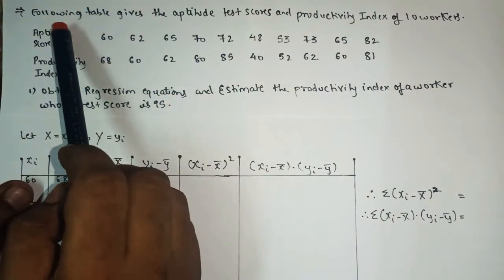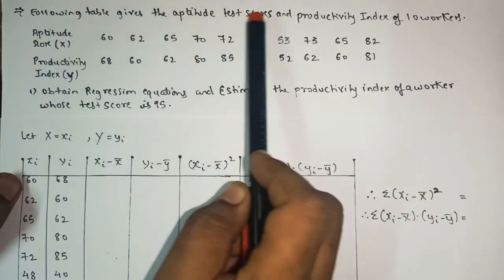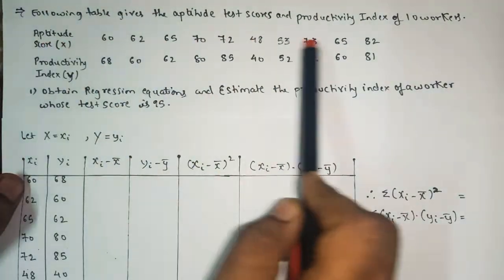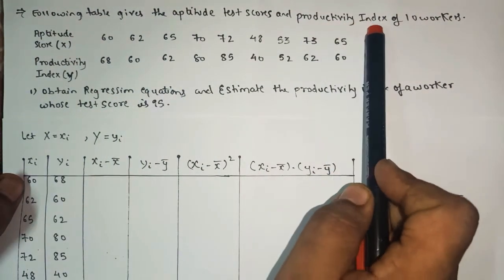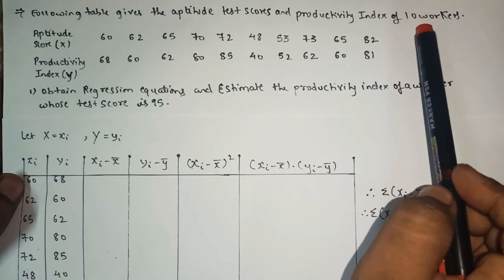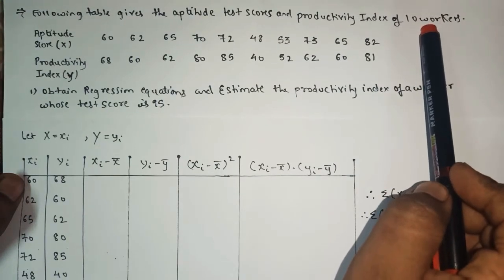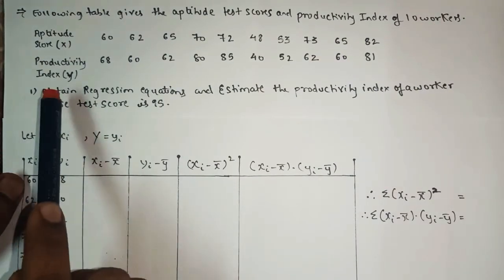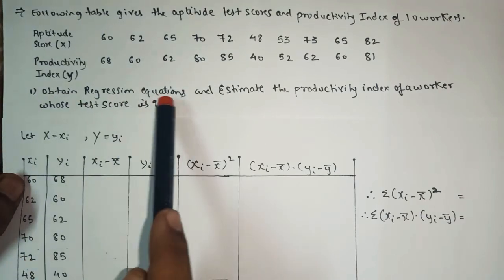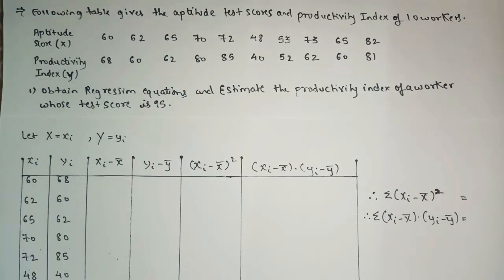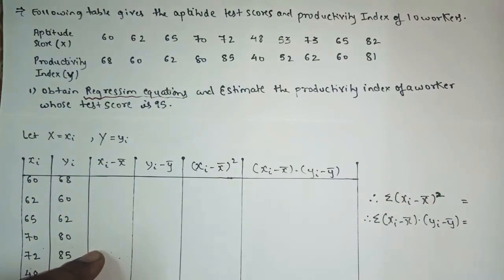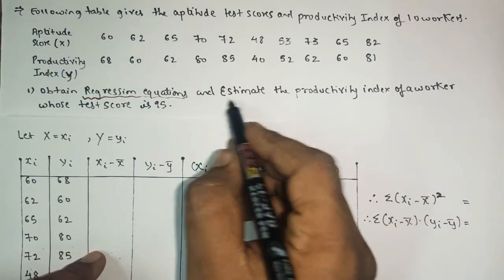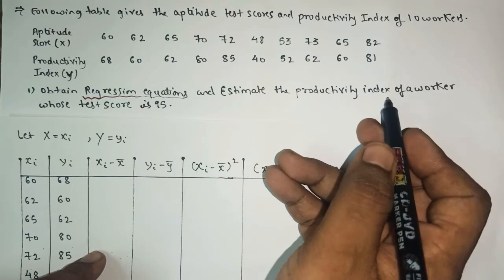Here it says the following table gives the aptitude test score. The first column, aptitude test, we'll consider as x, and productivity index as y, and the number of workers is 10. Then you have to obtain the regression equation, and estimate the productivity index.